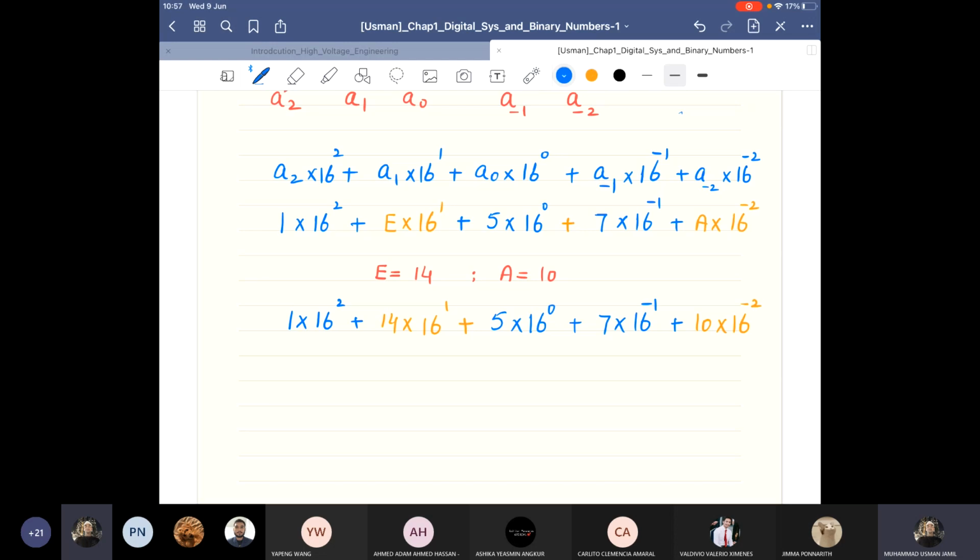When you solve this one, put values in the calculator. So then you can get the value is 485.4765625, which is in base 10. So this is the solution for this example.